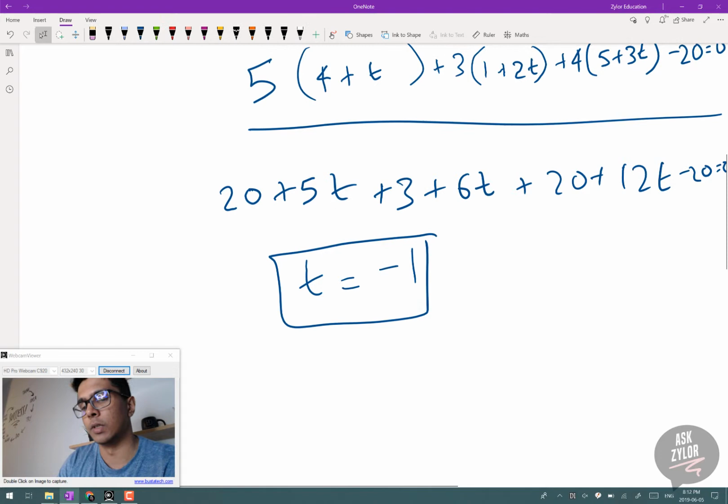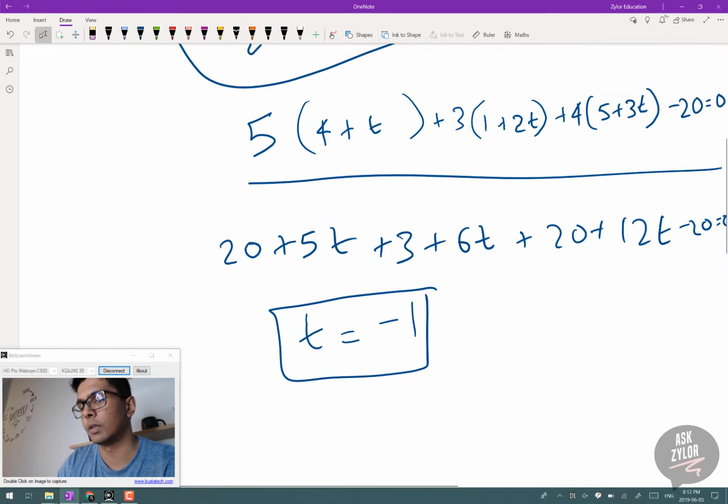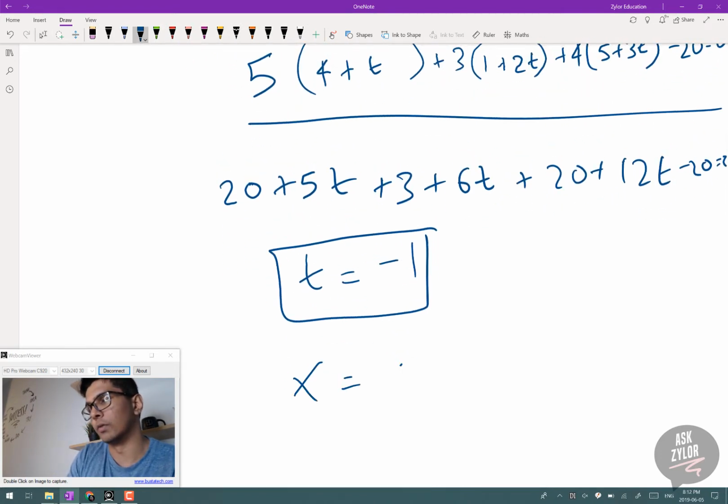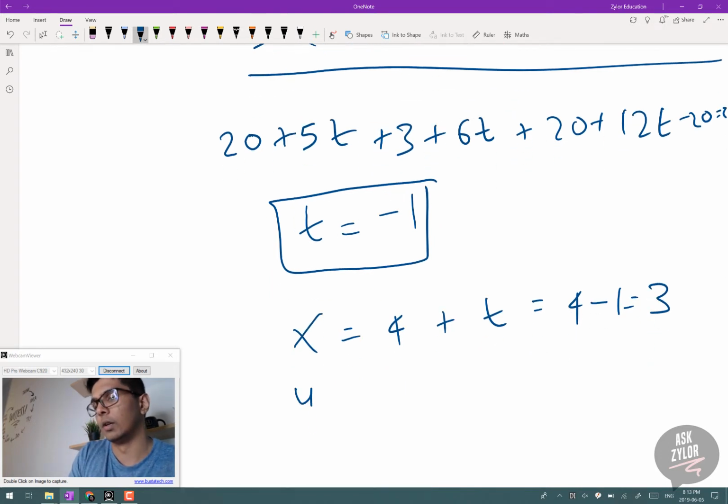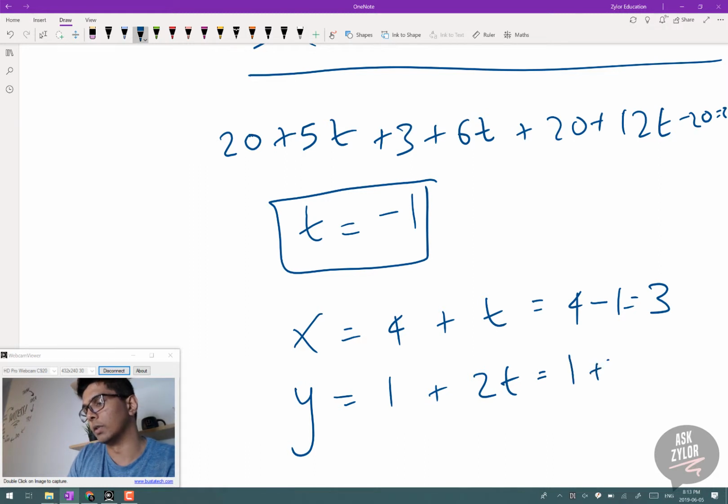So what I'm going to do is just plug that back into the parametric equations. So my x was 4 plus t, so I'm going to replace t with the -1 to give me 4 minus 1 to give me 3, right? Y was 1 plus 2t, so 1 plus 2 times -1 is equal to -1.